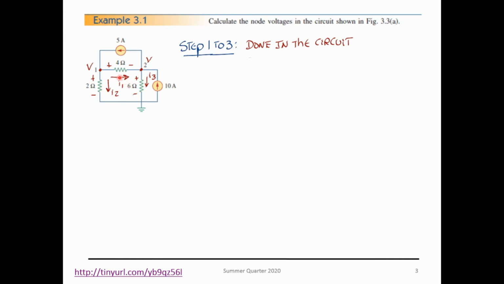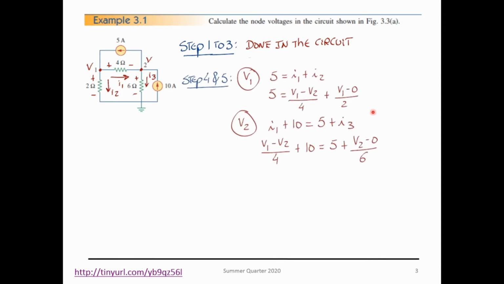For example, I1 with this direction is going to be V1 minus V2. If you set up the direction differently, if you set up I1 entering this node over here, it is going to be V2 minus V1. So for steps number 4 and 5 of node analysis, you take your equations, V1 and V2, simple KCL on that node: 5 amps entering equal to I1 and I2 leaving the node.